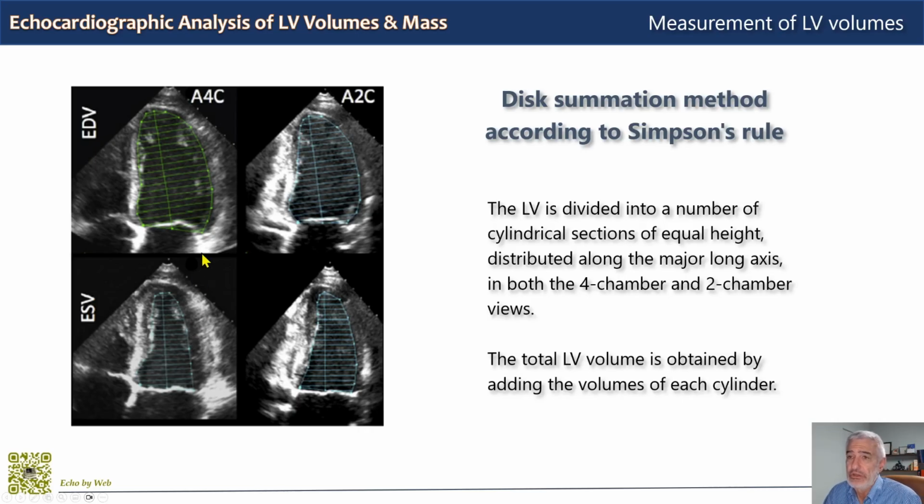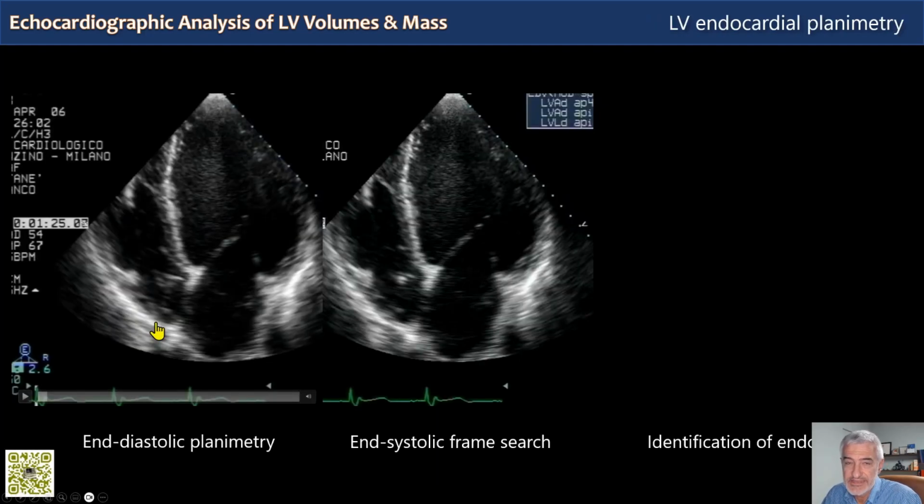The total volume is obtained because the machine calculates the volume of each cylinder and then adds them up to obtain the total volume. The disc summation formula builds on the tracing of the left ventricular endocardium in both the 4- and the 2-chamber apical views, to delimit the cavity of the left ventricle and calculate the long axis.